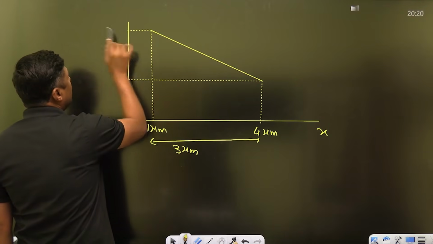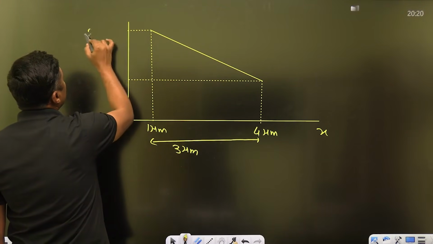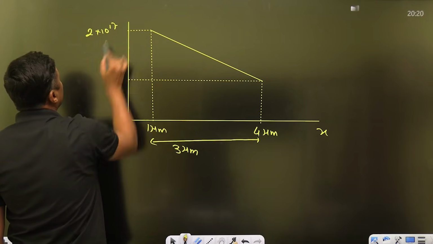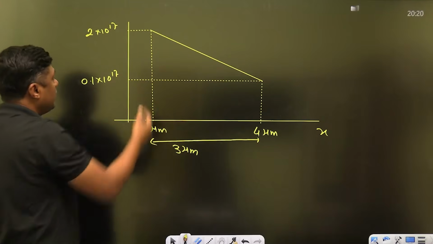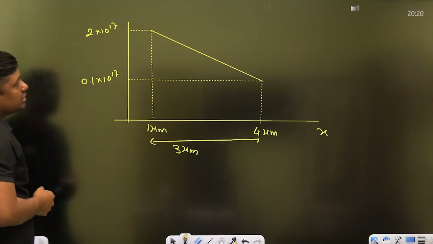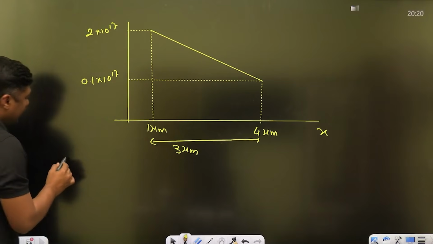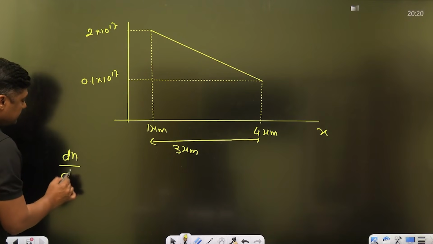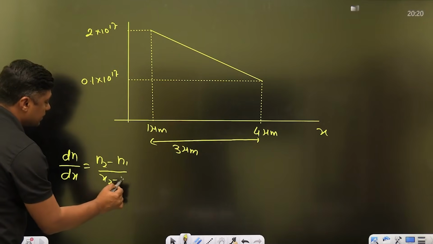Now what is the value at this point? 2 into 10 to the power 17. And here it is 1 into 10 raised to power 16. You can write 1 into 10 raised to power 16 as 0.1 into 10 raised to power 17. Over 3 micrometer, now you can calculate the concentration gradient: N2 minus N1 upon X2 minus X1.